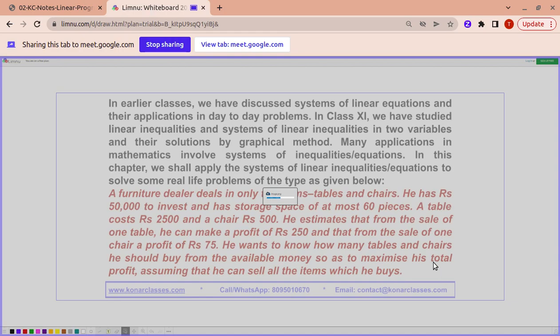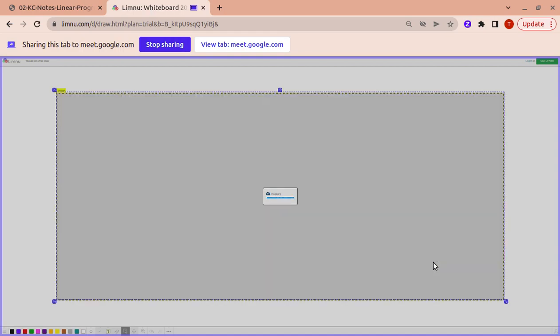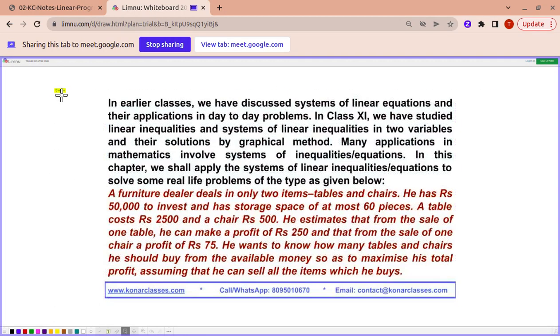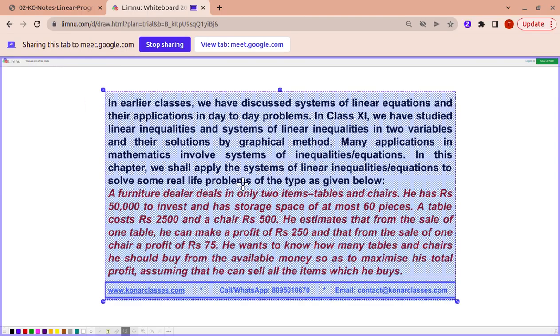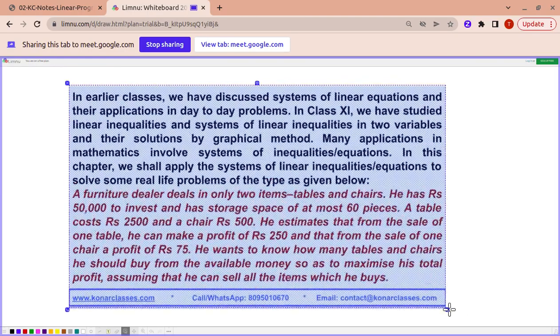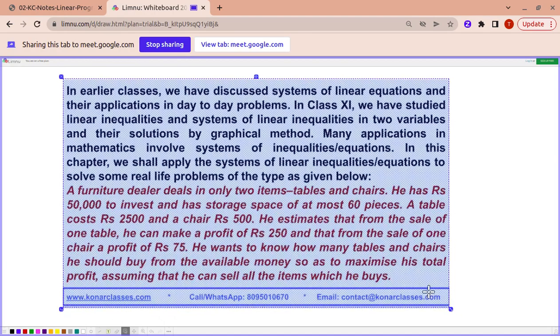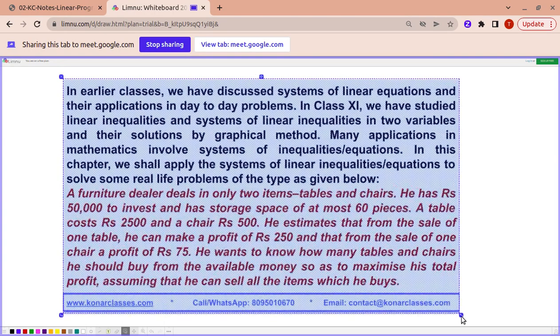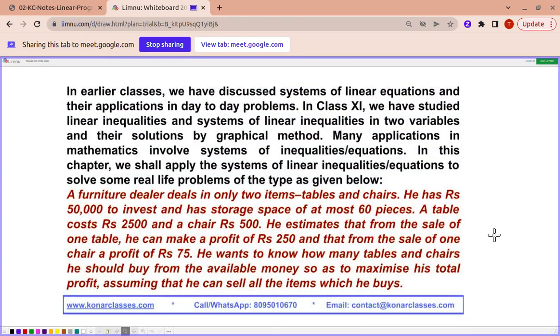So dear students, to give you a background, in the previous year, last year, we have discussed system of linear equations.